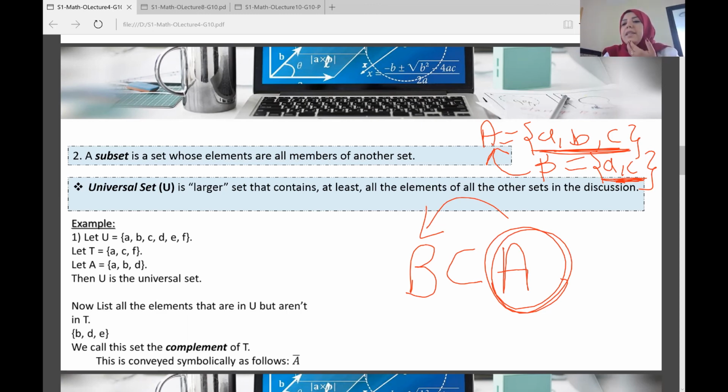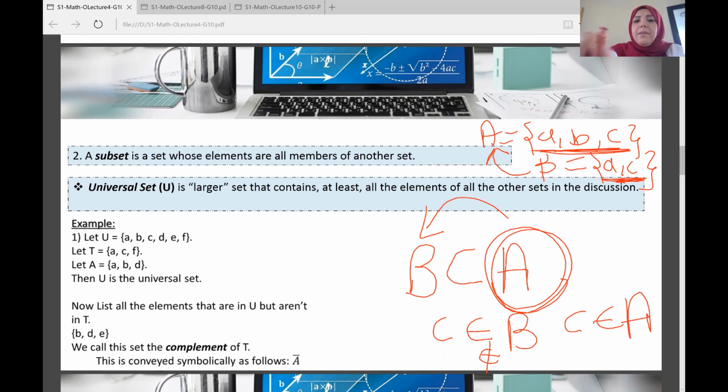And we can say, for example, letter C belongs to set B, and letter C also belongs to set A. So if you are talking about elements, they either belong or they don't belong. While a set, we say it's a subset or it's not a subset.